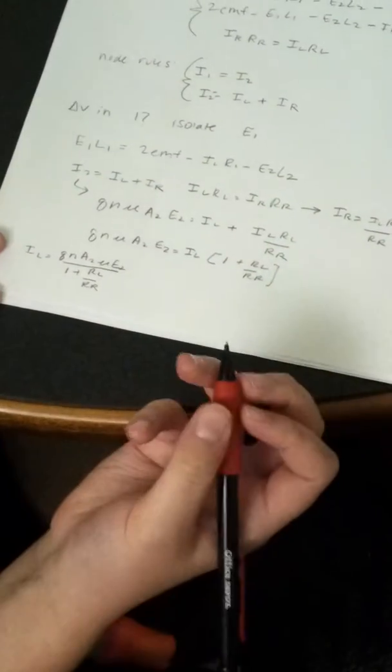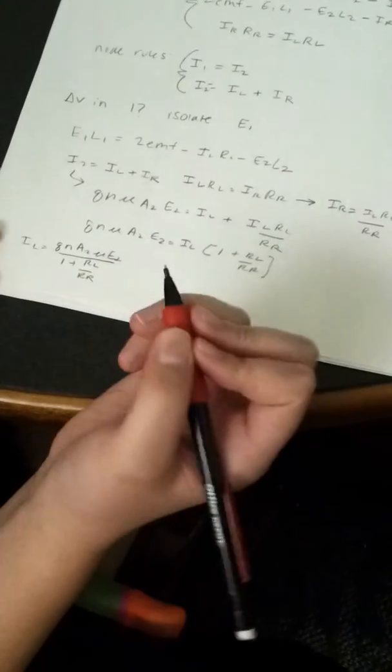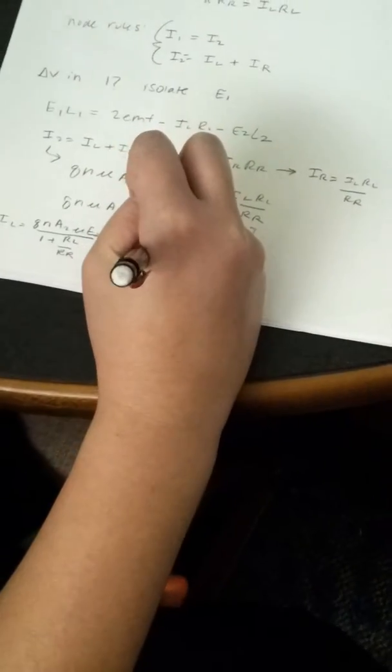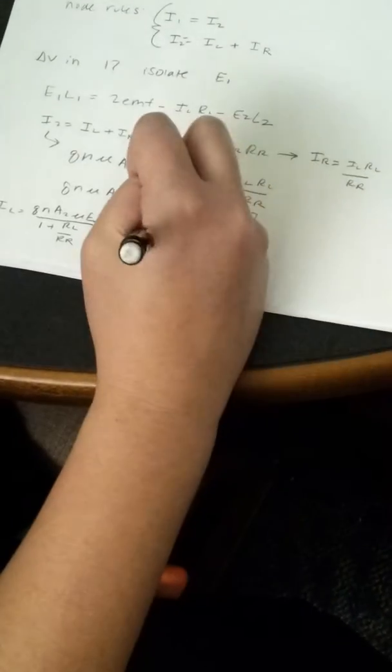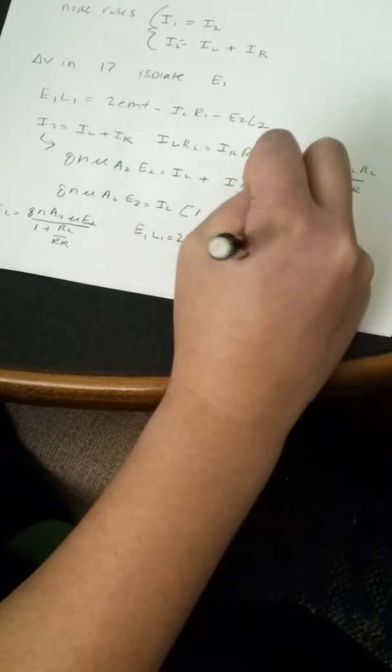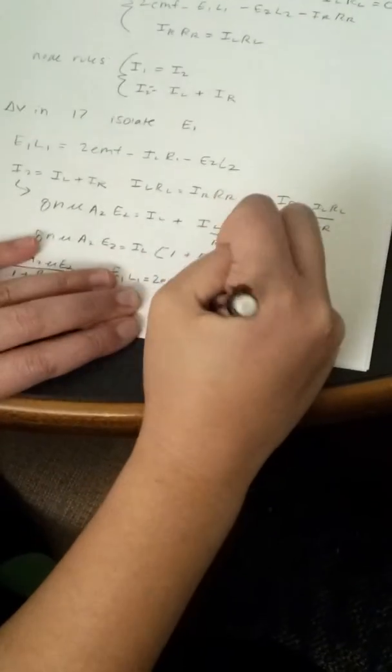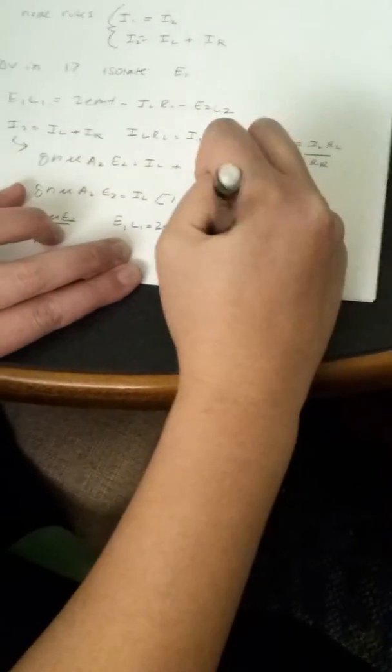Okay, and remember our goal still is to isolate E1, and we'll go back to our loop conservation. And where ILRL was previously, we're going to be plugging in this for IL. This problem is really all about substitution.